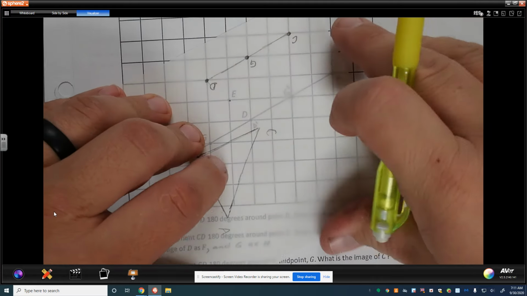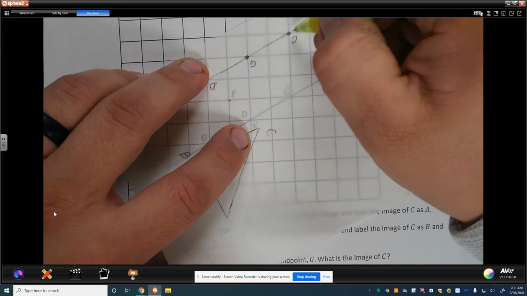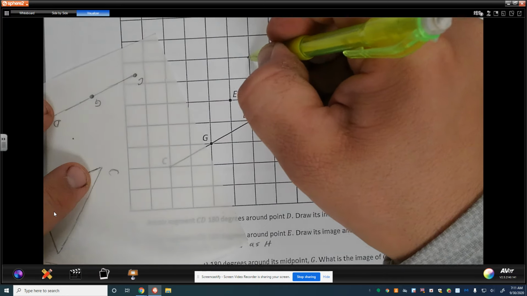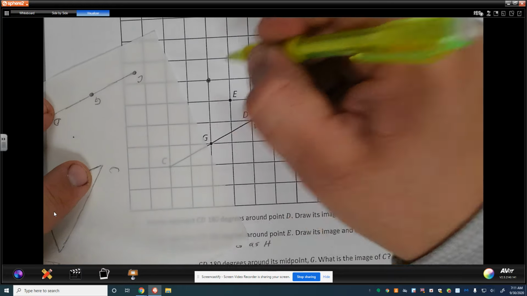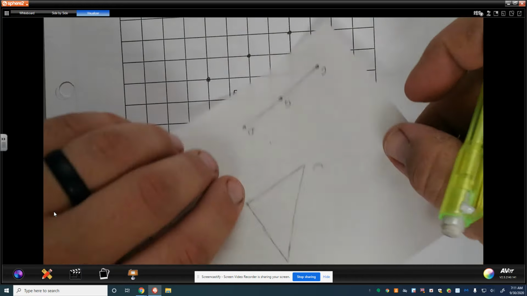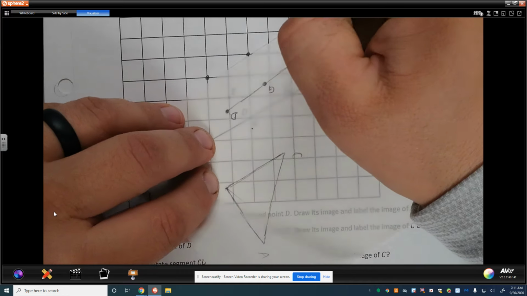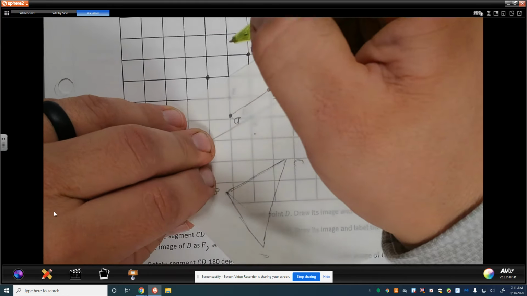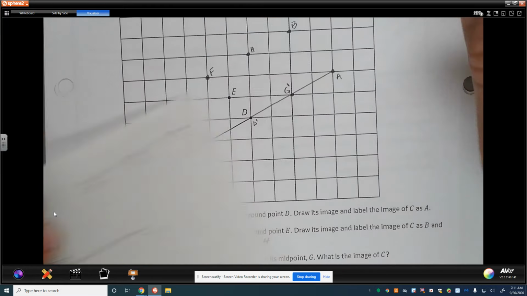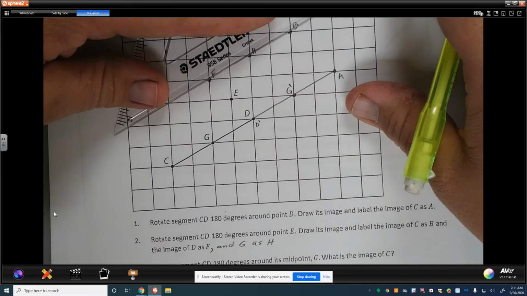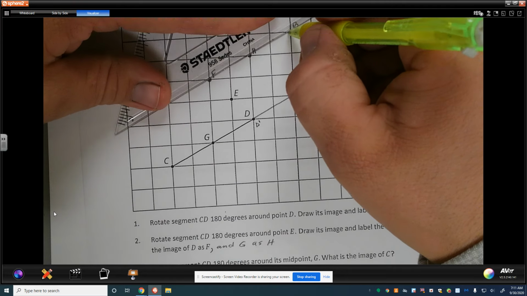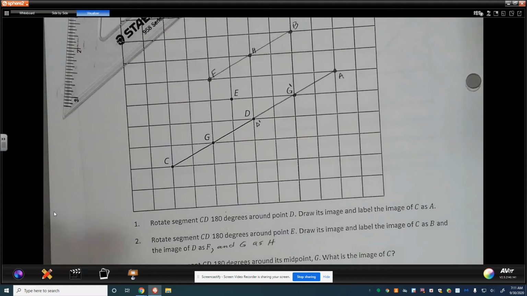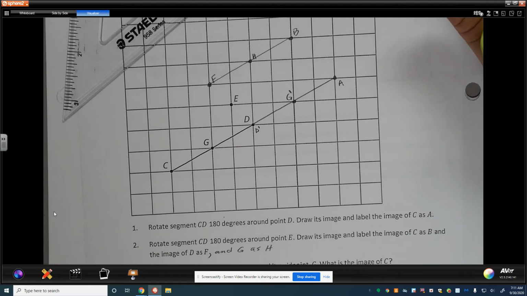And this is that first consequence that I was talking about with rotation. What we want to understand about this is that whenever I rotate, let's make sure I label these the right way. C becomes B, H, and we said D becomes F. Whenever we rotate a line or a line segment 180 degrees, the consequence of that is that we have a set of lines or segments that are parallel to each other.